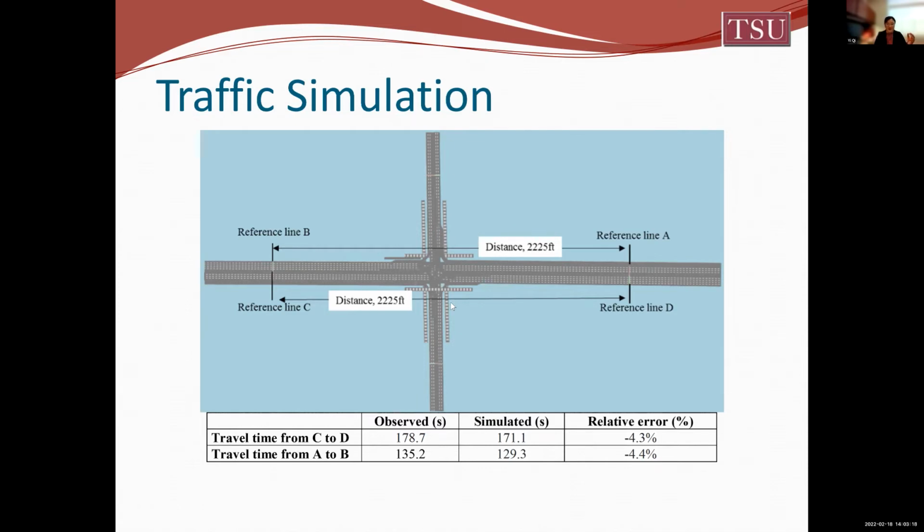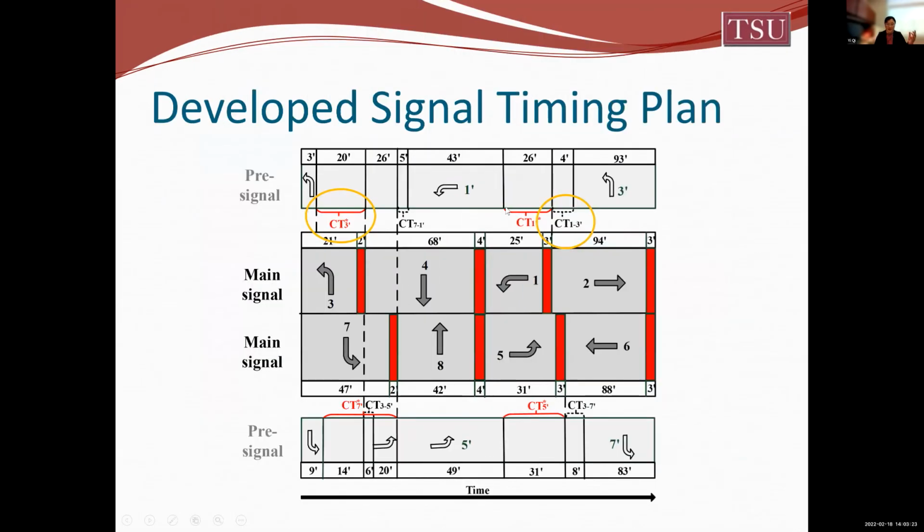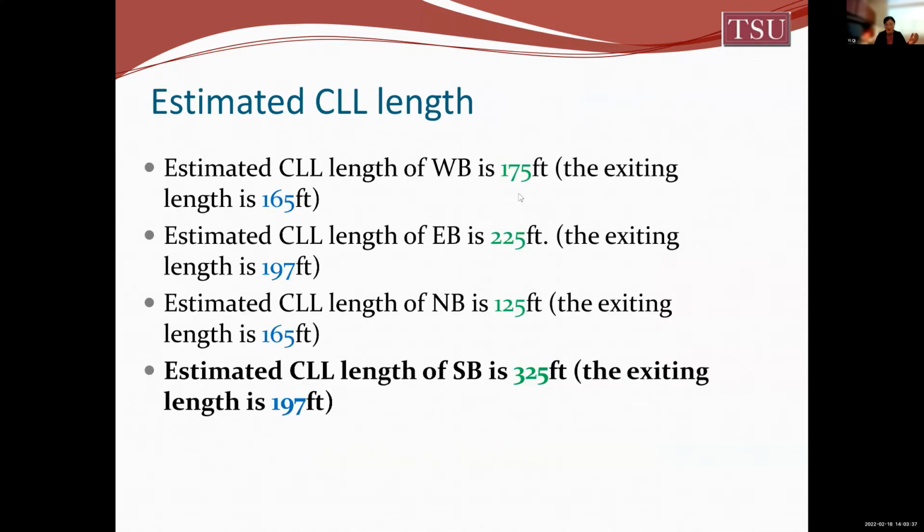Okay, then we redesign the signal timing according to the method that we proposed. We consider both the clearance time and the pre-clearance time for this pre-signal phase. And we also determine the optimal location to put the pre-signal lights, or the optimal length for the CLL lane. Okay, so the blue color is the existing length, what is in the field right now, and the green color is the length we estimate according to our method.